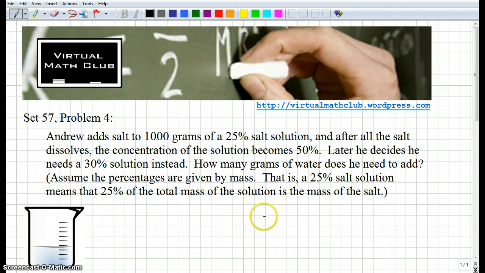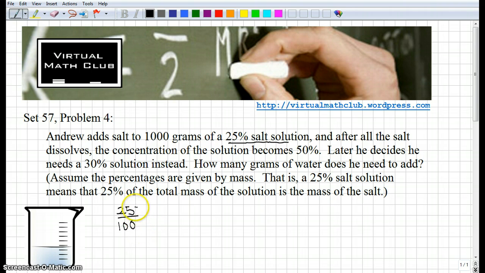Alright, well, the most important thing is to understand what we mean when we say a 25% salt solution, or whatever percentage. When we say 25% salt solution, that means 25 out of every 100 grams of total solution is salt.